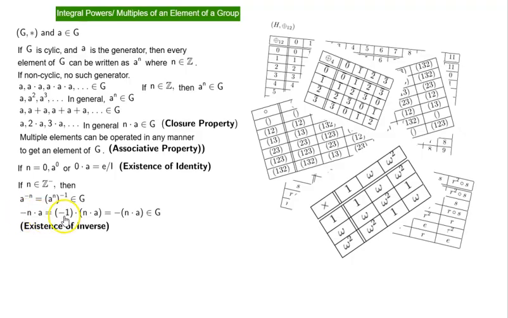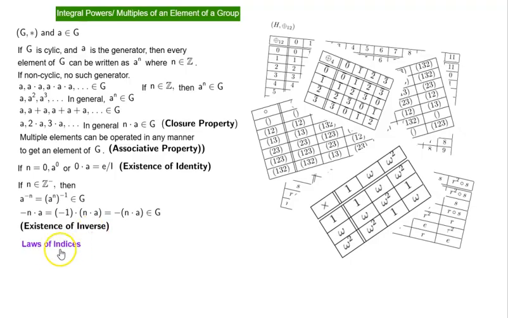So we separate out minus as minus 1 times n times a, which can be written as minus, within brackets, n times a. And that would also be in G. So that shows existence of inverse, both in multiplicative form and in additive form. We have seen closure property, associative property, existence of identity, and existence of inverse.